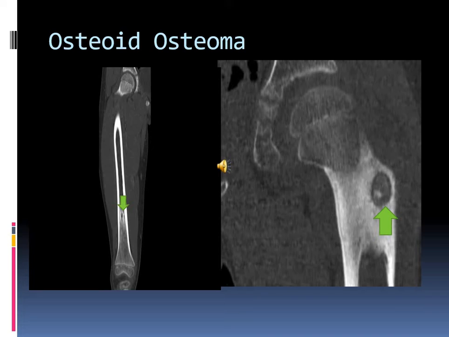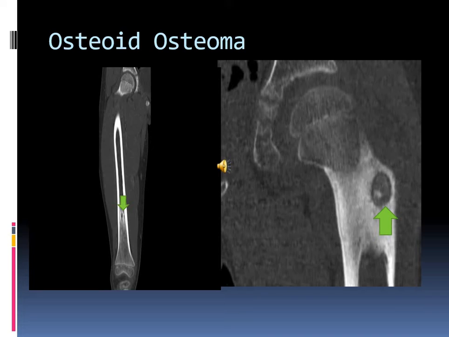So the lesion is osteoid osteoma. This osteolytic lesion or oval low dense lesion is called the nidus, and sometimes this nidus contains a small area or spot of calcification, as shown in the right image.